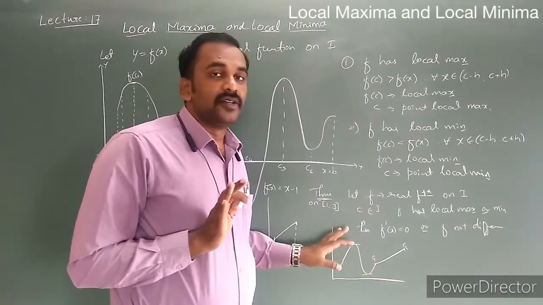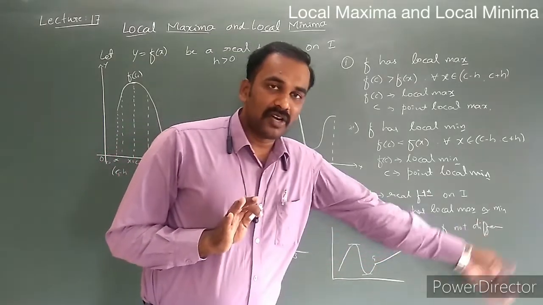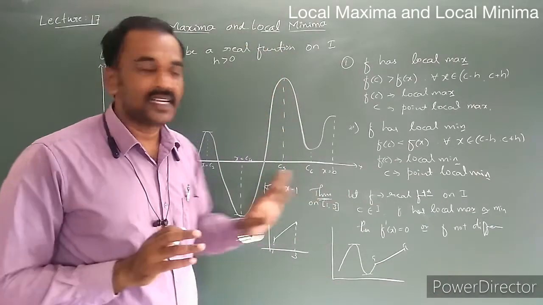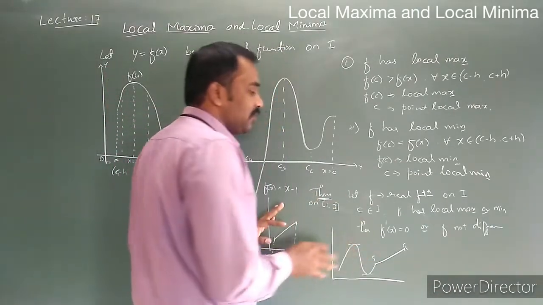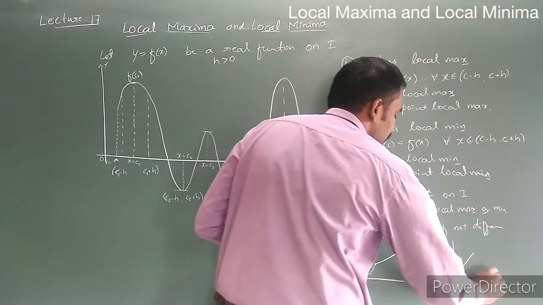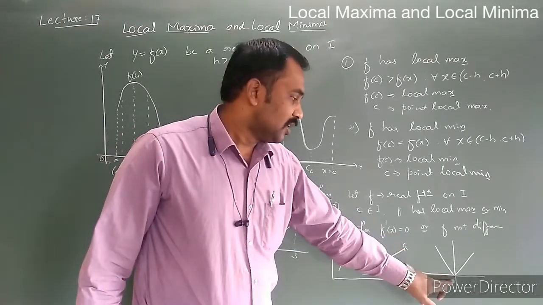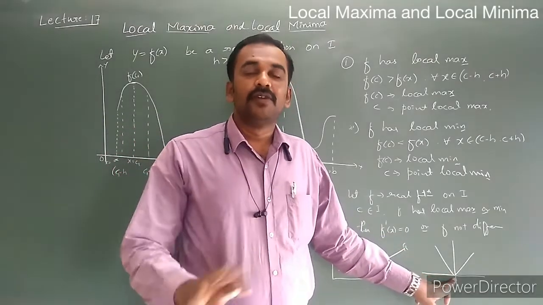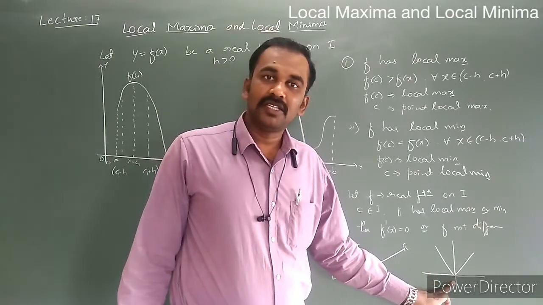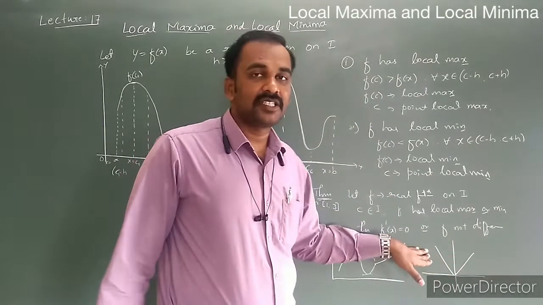Are you sure? Whenever f dash of x is equal to 0 or f is not differentiable, in that case also local maxima and local minima exist. One more function we can take is the modulus function, which has a V shape. At x equal to 0, the function is not differentiable. Other than that point, at all the remaining points, the function is differentiable.